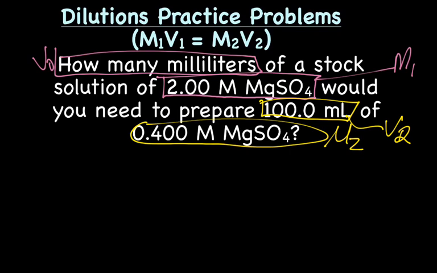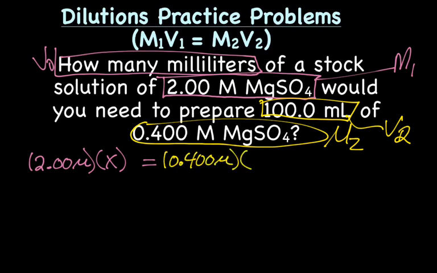So we're going to have our 2.00 molar, X, we don't know how much, and then our 0.400 molar times 100 milliliters. Easy enough?